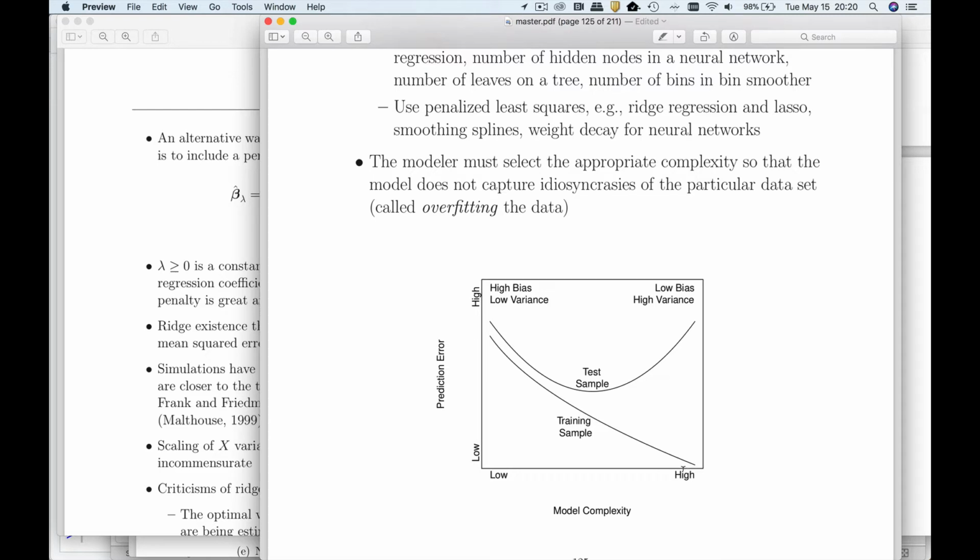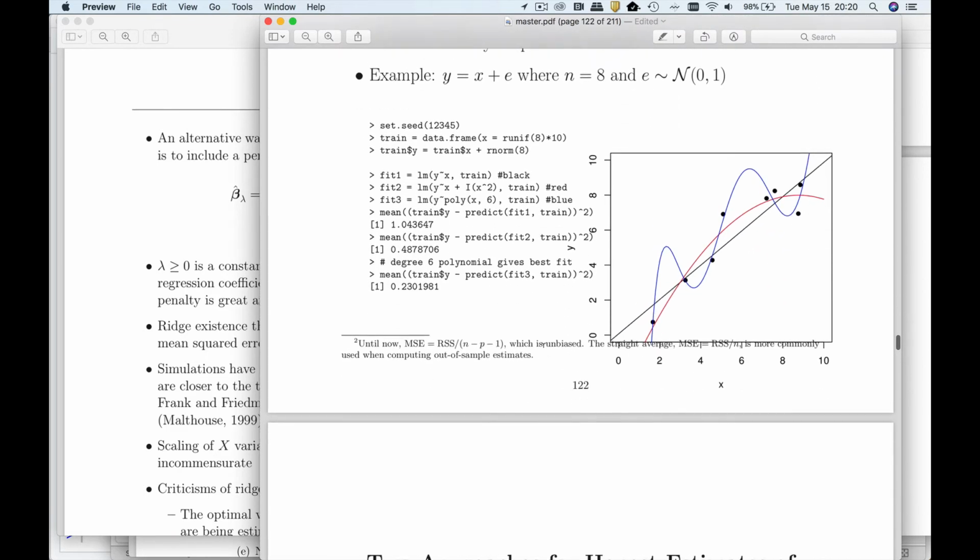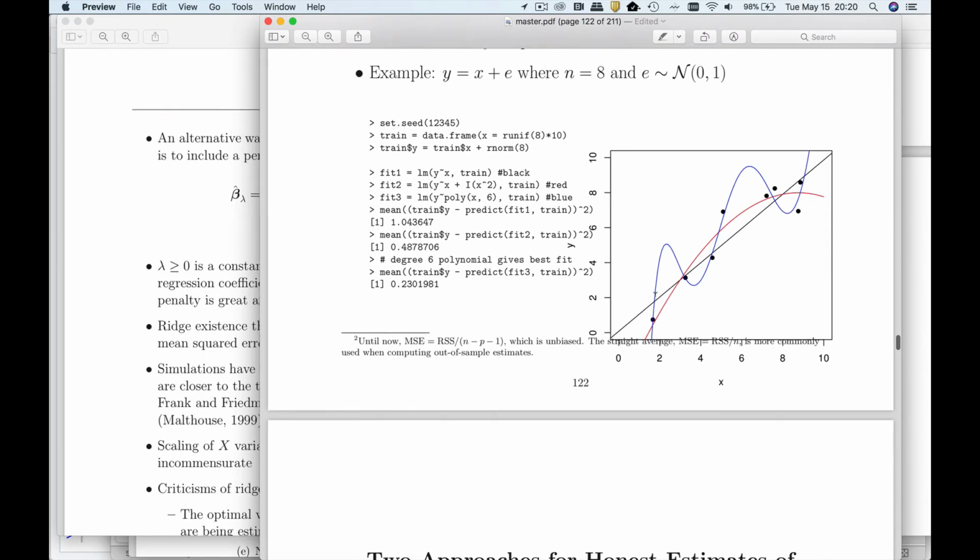Now we saw in that example, I can show you the example right here. When we had a first degree polynomial or a line, it fit the data very well. As we increased the complexity, we started to capitalize on chance, and the model overfitted the data. So on a test set, this blue model would perform very poorly.